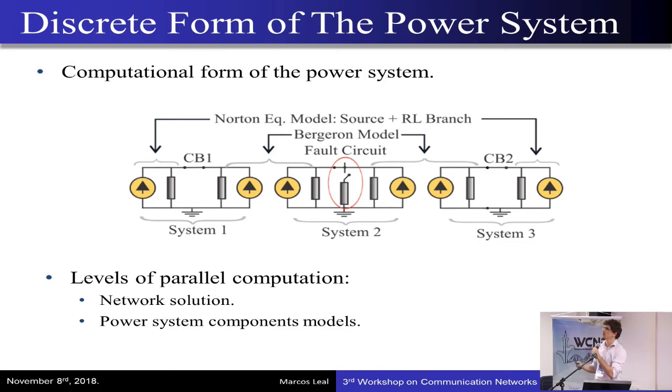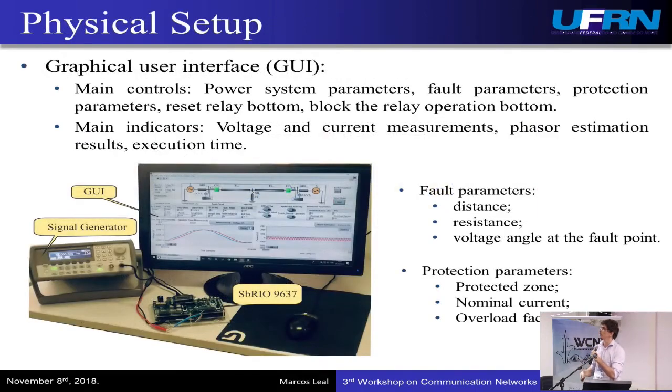There you can set parameters like the power system parameters and the fault parameters, like the distance, the resistance, and the voltage at the fault point. We also model a distance protection, so we can set up the protected zone, the nominal current, and the overload factor. And using the indicators, we can see the voltage and current measurements, the phasor estimation result, and the execution time.